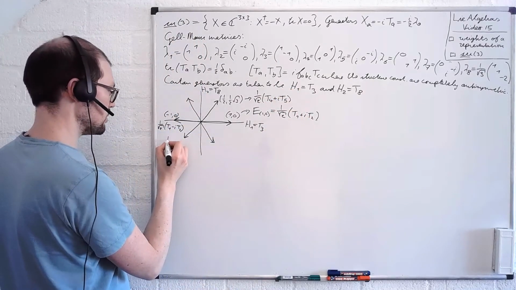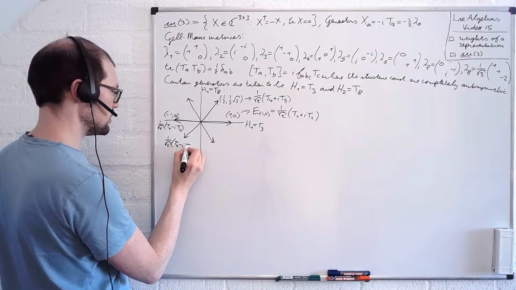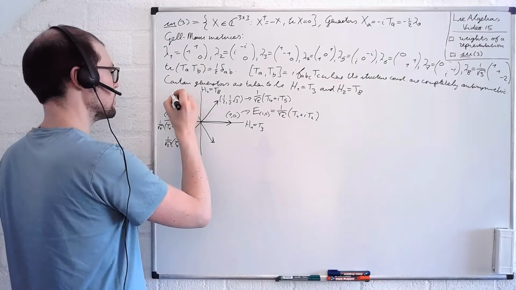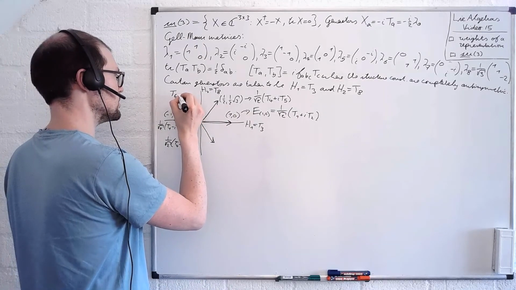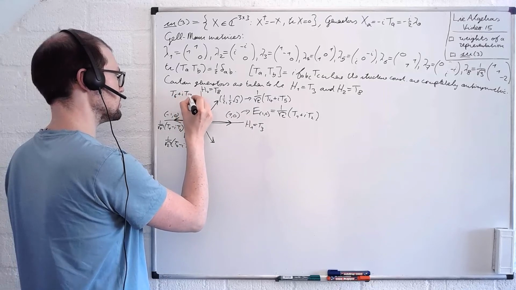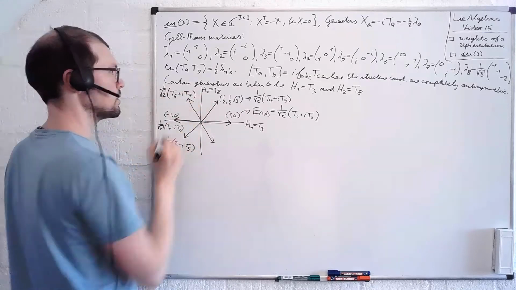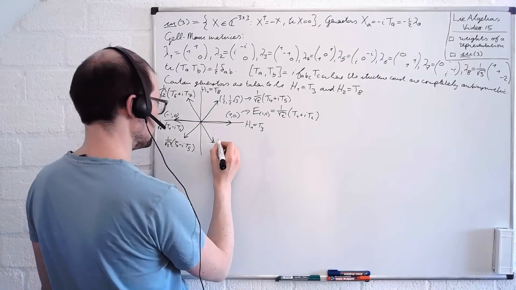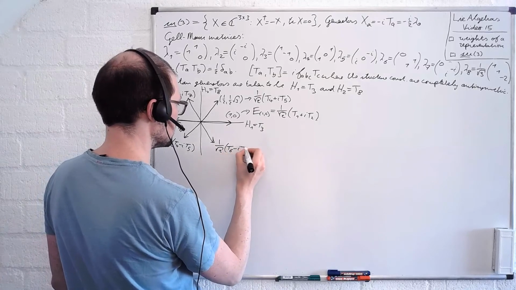Here we have T4 minus i T5. Now you can perhaps guess what I get here. Here I get 1 over square root of 2 times T6 plus i T7. And here I have 1 over square root of 2 times T6 minus i T7.